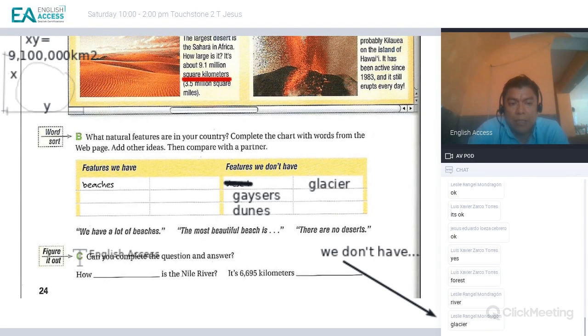Now, let's continue with exercise C. Can you complete the question and answer? Look, here is the question. How blank is the Nile River? And then we have, it's 6,695 kilometers.